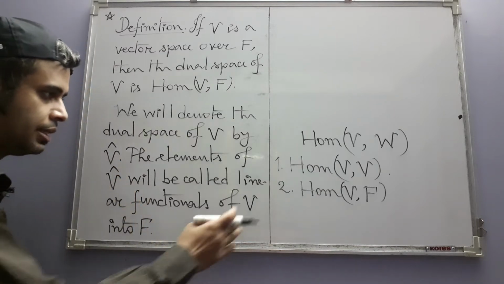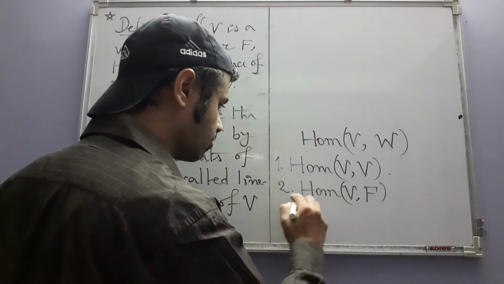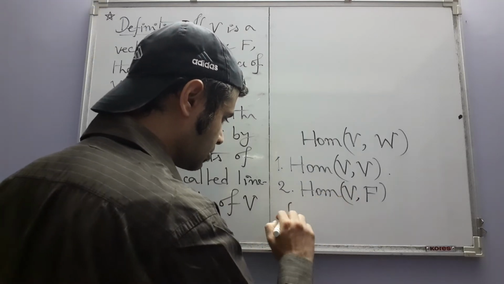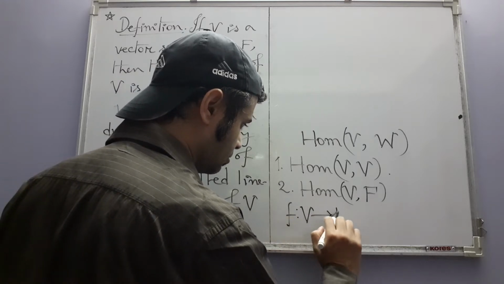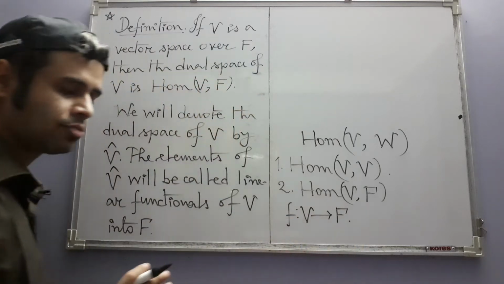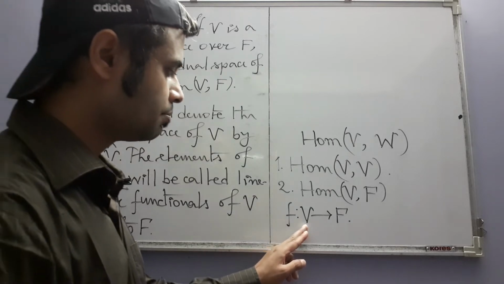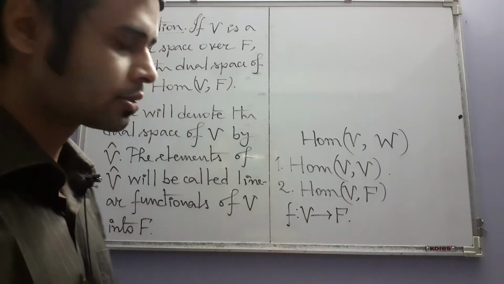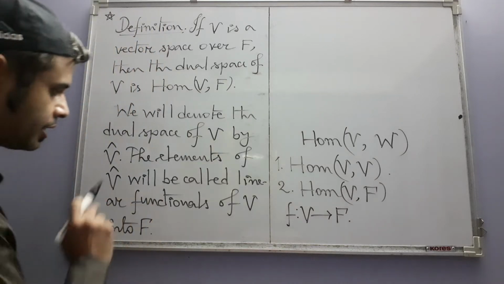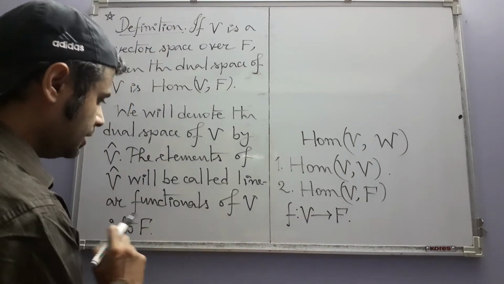Any element in this is just a linear transformation from V into F. It's a special kind of linear transformation where your inputs are vectors and the outputs are scalars. So they are called linear functionals of V into F.